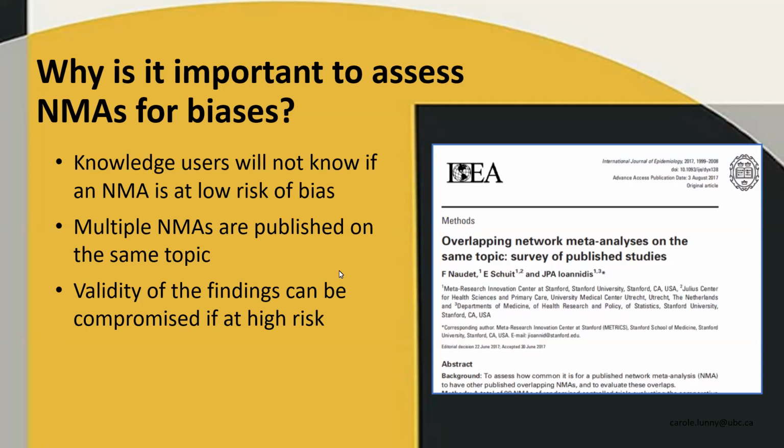As we see in one of John's studies here on the right, the authors found 28 NMAs on treatment for rheumatoid arthritis, all with different conflicting results. So if an NMA is at risk of bias and inappropriate methods are used, the validity of the findings can be compromised, which can then further down the line impact patient treatment and care.